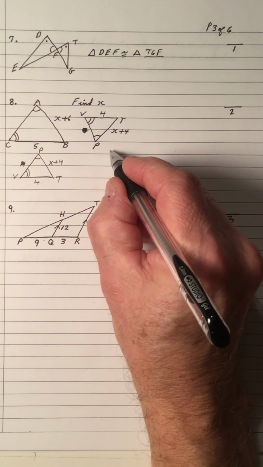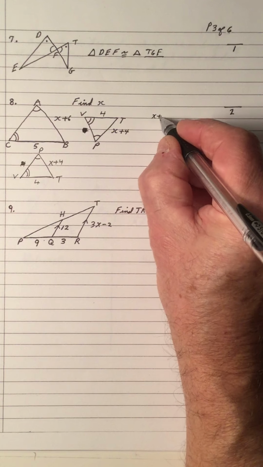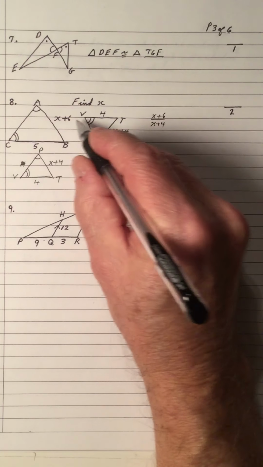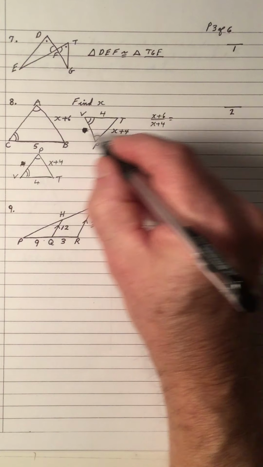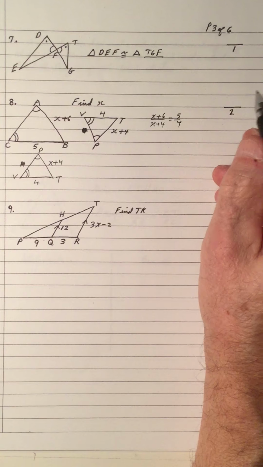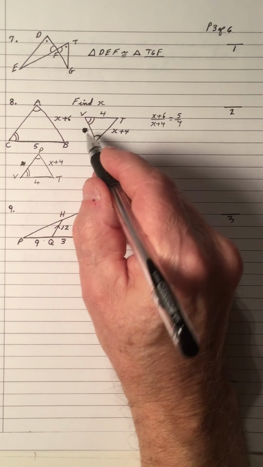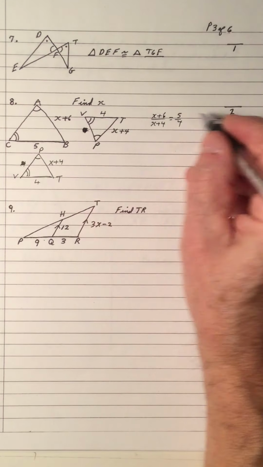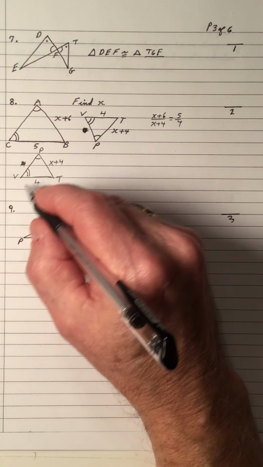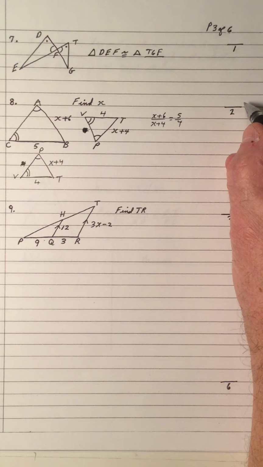Now I have X plus 6 over X plus 4, and I have 5 going with 4 as proportions. Again, as I had it, it could not work, impossible. So if you had this on a test and you said impossible, you would have got your 2 marks.